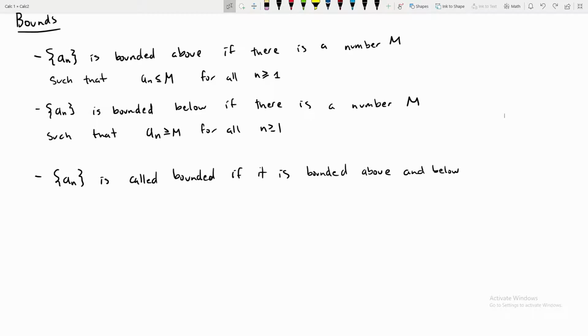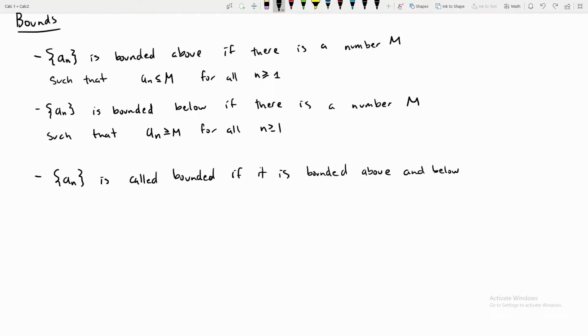So like I wrote here, a_n, the sequence, is bounded above if there is a number m such that a_n is less than m for all n greater than 1, meaning that there is some sort of number that is the maximum of this sequence, and all of these terms, a of whatever n, are going to be less than m. So in a sense, there's this upper bound. If this condition is met, then we say that the sequence is bounded above.